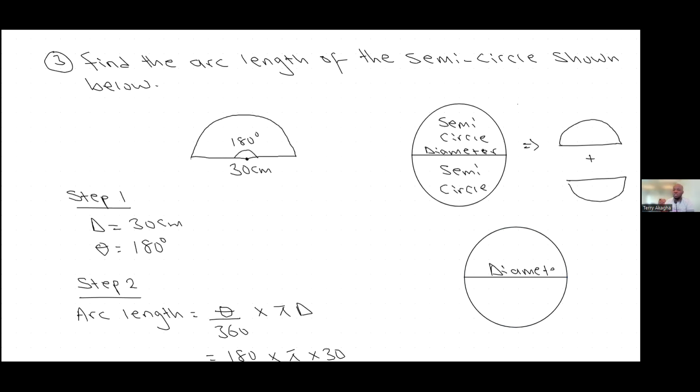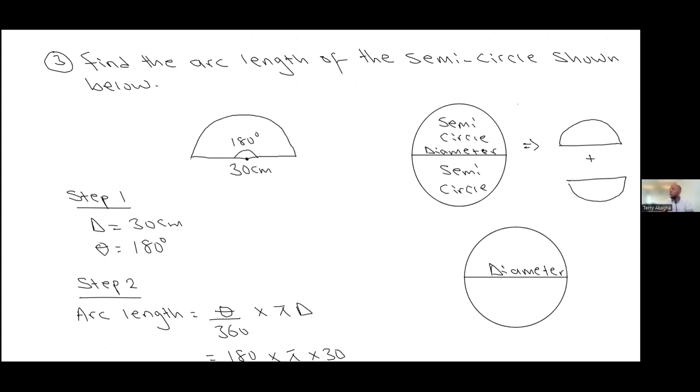This is what the question was just testing. We wanted to find out if you knew how to find the arc length of a semicircle, knowing that the arc length is usually going to go through the diameter, all right? So that means you have to use theta over 360 times pi d, all right?